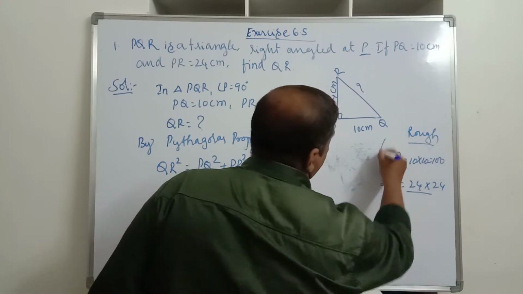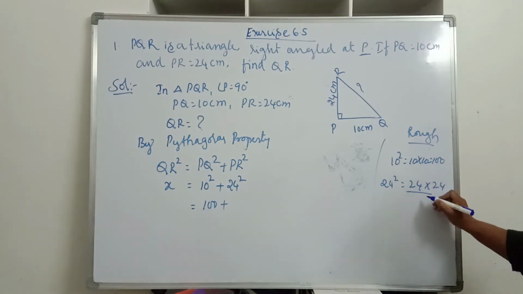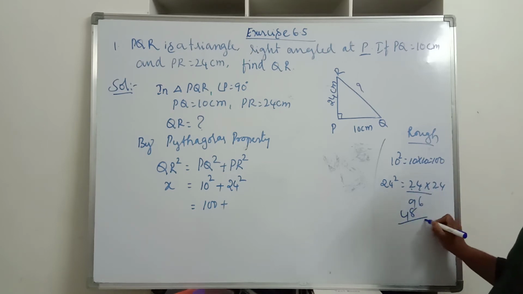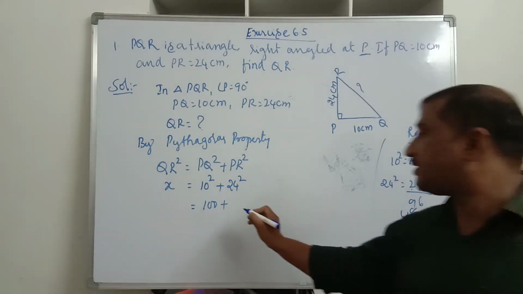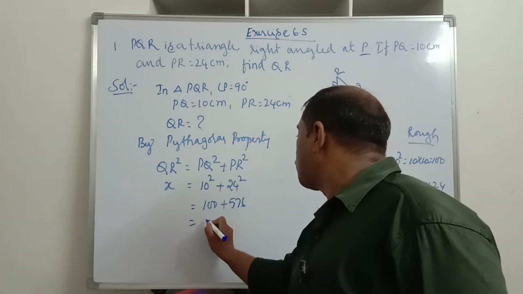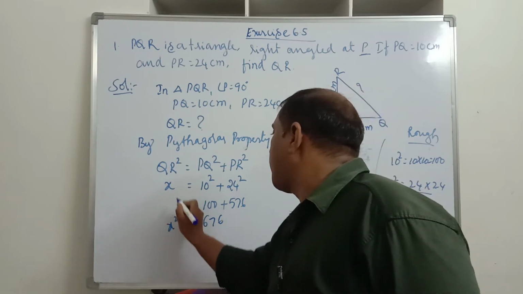Multiply 24 into 4. 4 4s are 16. 4 2s are 8 plus 1, 9. 2 4s are 8. 2 2s are 4. That is 6. 9 plus 8, 17. 4 plus 1, 5. What we got is 576. Now 100 plus 576 is equal to what? 676 we got. This is X square.